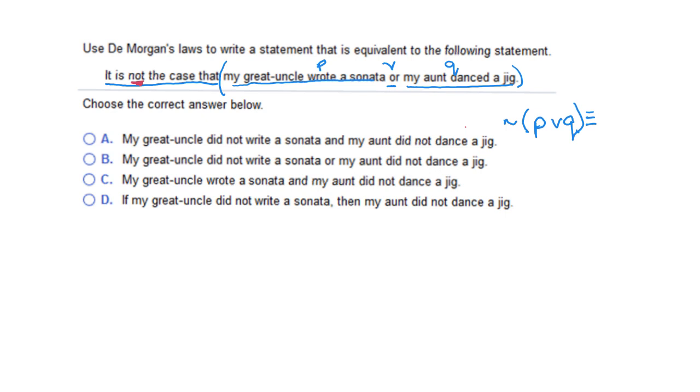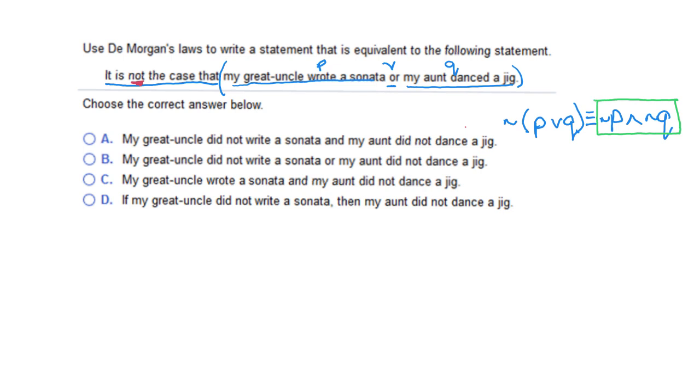Since this is an or, we're going to change it to an and. What is inside the parentheses in front of the or is a P, so we will do the opposite, the negation of it. So not P. And what is after the or inside the parentheses is Q, so we will do the opposite of that one, not Q. So not P and not Q is the equivalent symbolic form.